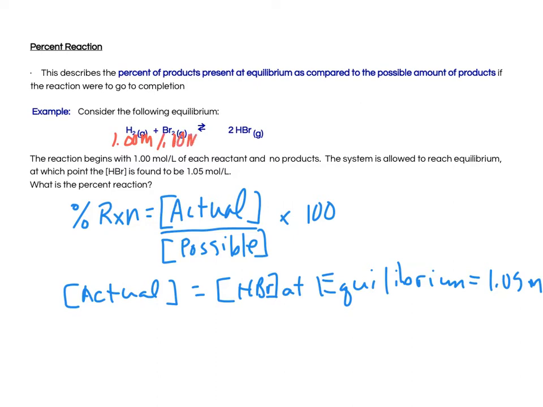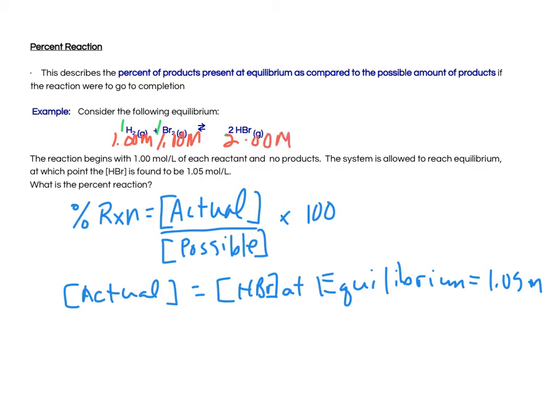If I look at my mole ratio, I can see that the coefficient in front of each of these reactants is 1, and my mole ratio is 1 to 2, which means that for every 1 mole of Br2 or H2 used, I'm going to produce 2 moles of HBr. The math here is actually quite simple, and that tells me that, in theory, if this reaction goes to completion, I am going to be producing 2.00 moles per liter.